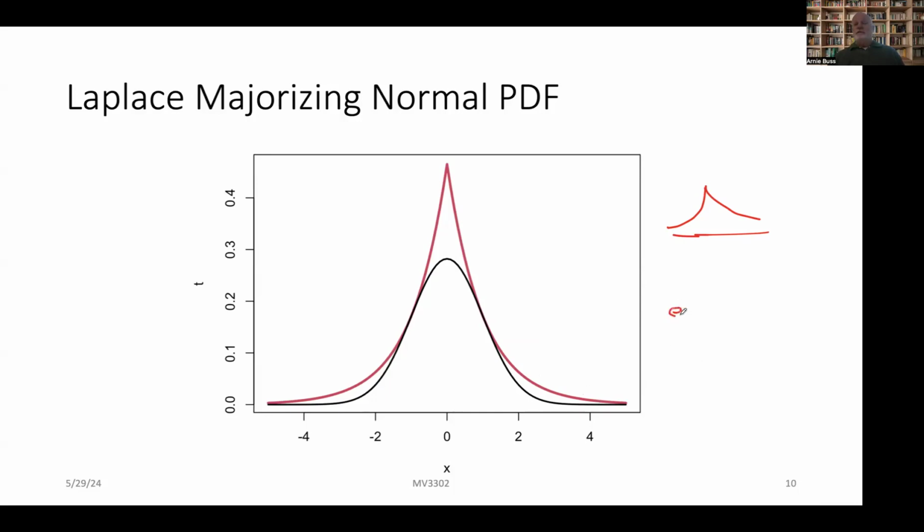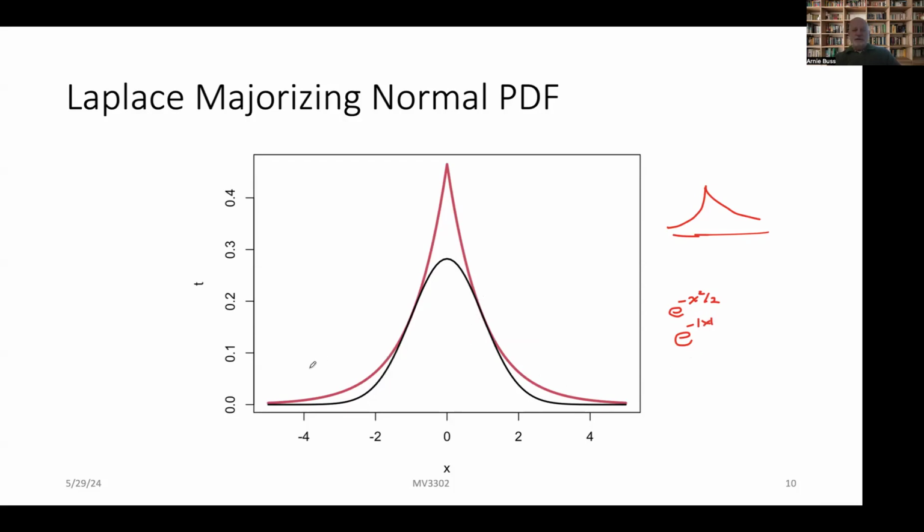Why? Because the normal decays as e to the minus x squared, whereas the Laplace decays as e to the minus x. The 2 doesn't really matter asymptotically. It's the x squared that matters, because it's negative, so it decays more rapidly once you get above it.